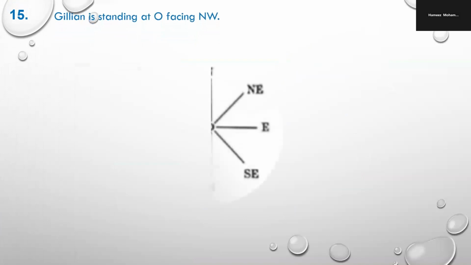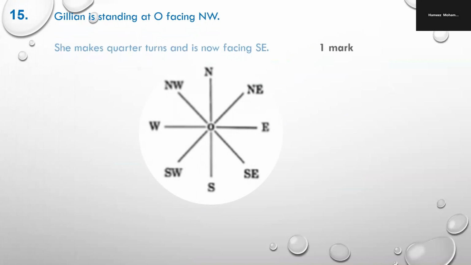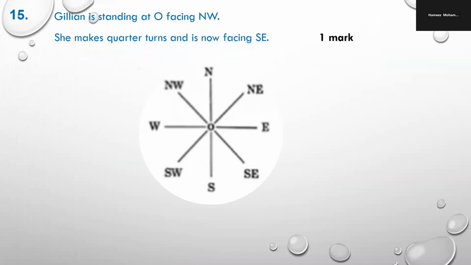Let's move on now to number 15. Jillian is standing at O. O is the center of that diagram and facing northwest. She makes quarter turns and is now facing southeast. What is the least number of quarter turns made by Jillian?